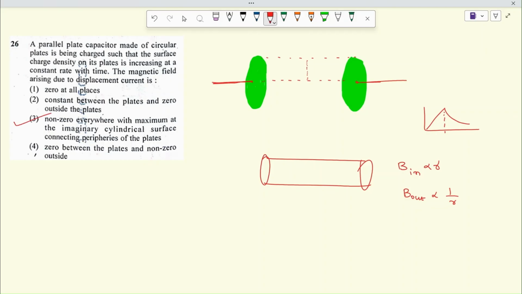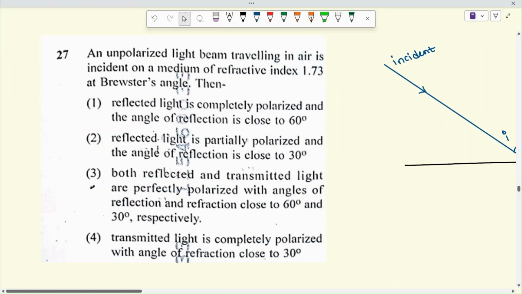This one. Look at this question. An unpolarized light beam traveling in air is incident on a medium of refractive index 1.73 at Brewster's angle. What is the concept of Brewster's angle? At Brewster's angle, let's indicate it with p, tan p is equal to the refractive index of the medium.